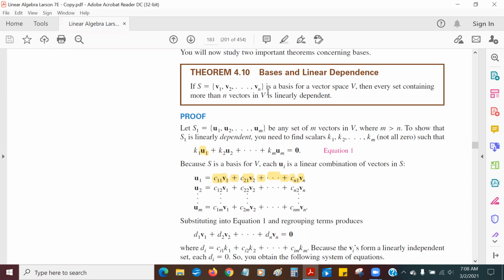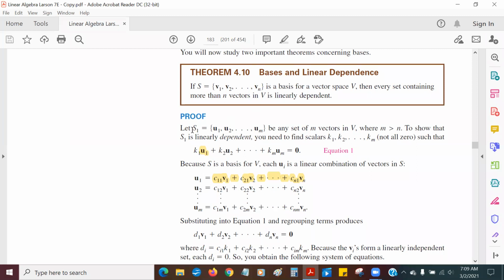And if this set of n vectors is a basis for the vector space V, then any set I take of more than n vectors from this vector space V will always be linearly dependent, which means that if I have n vectors that form a basis, then any set of more than n vectors will always be linearly dependent. That's really important. So let's just go through the proof.